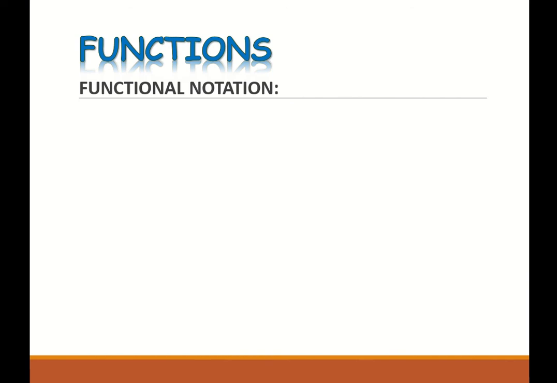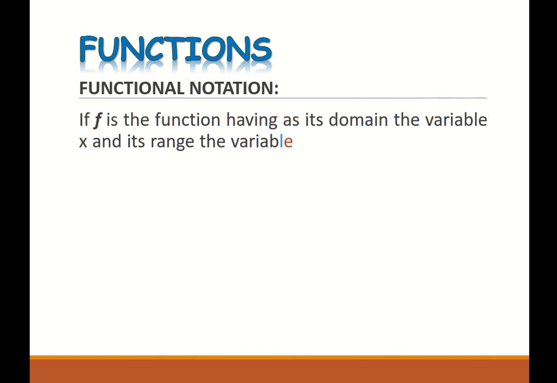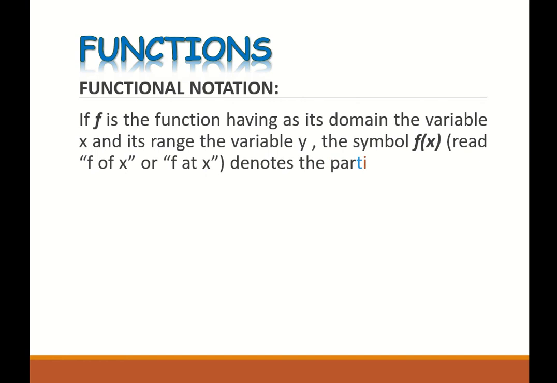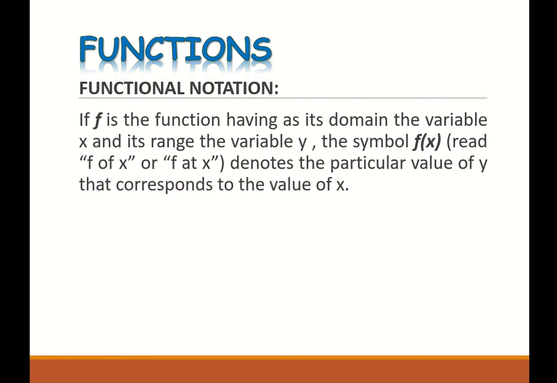Then for functional notation, we have: if f is the function having as its domain the variable x and its range the variable y, the symbol f of x, read as f of x or f at x, denotes the particular value of y that corresponds to the value of x.